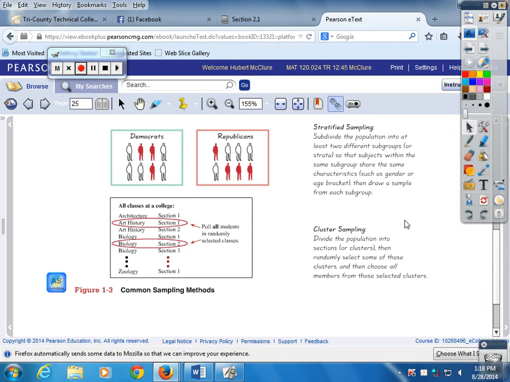Cluster sampling would be me dividing the group into two groups, male and female, but then coming back an hour later and finding out that the males and females have divided themselves into what? Two more groups. Nerds, not nerds, or I don't know.